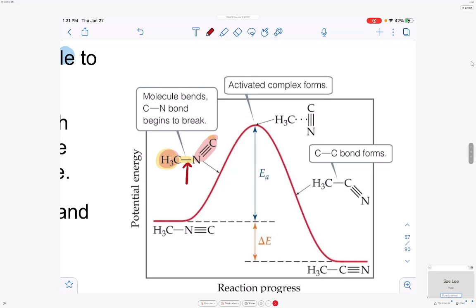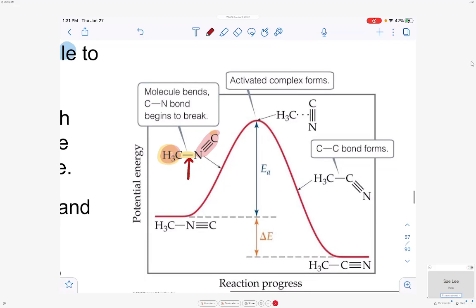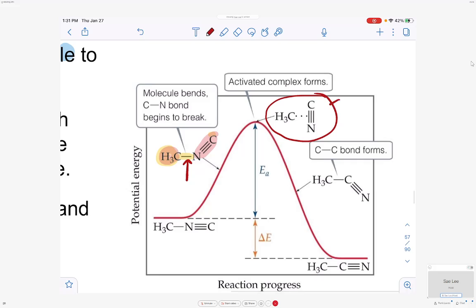Once it has enough energy for the bond to get stretched, it will twist, it will rotate, and it will have this form of state.